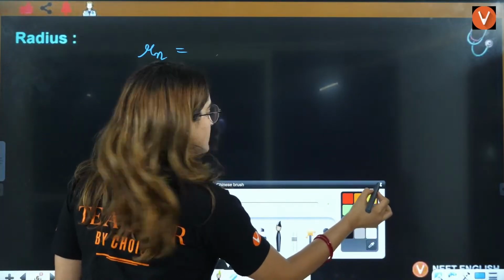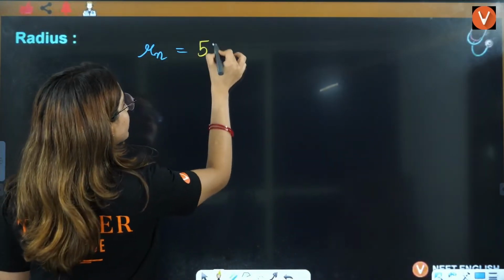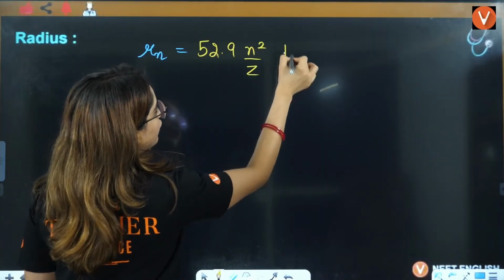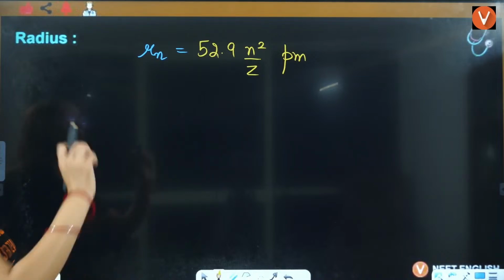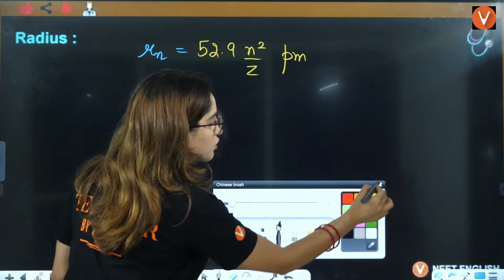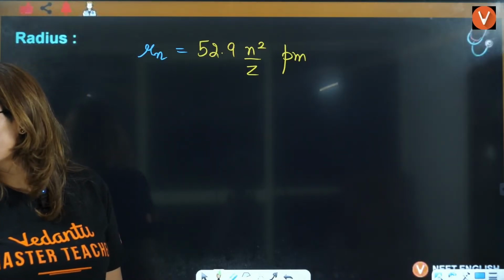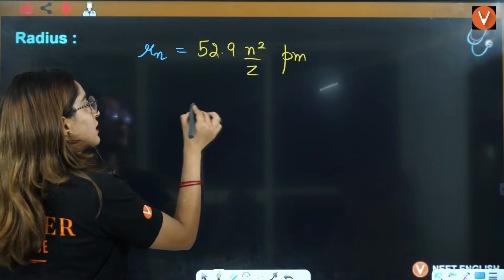So this is going to be, let's write it, 52.9 n square by Z picometer. Okay, everybody. Now, what is going to be the value in Angstrom? Anybody in the chat box who can tell me? Let's see.